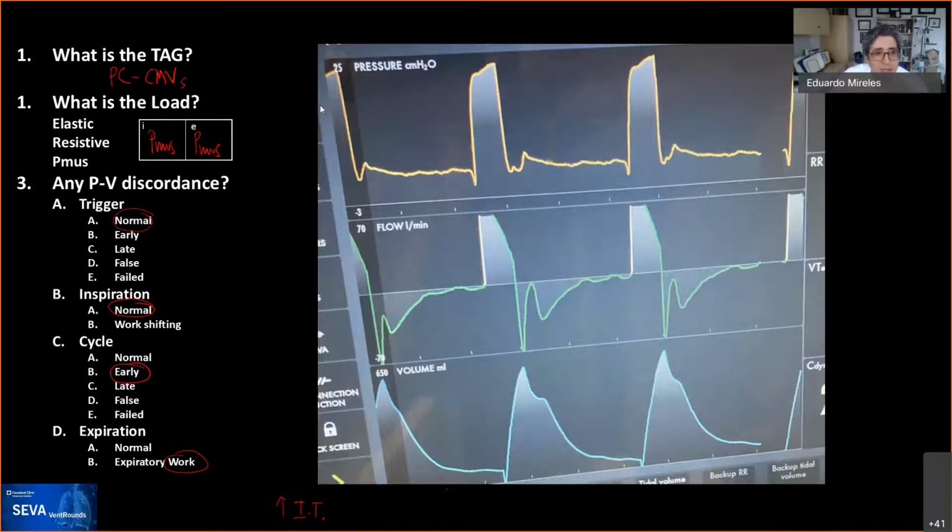So yes, indeed, pressure control. I think that you are absolutely right. Every single one of the breaths that we are looking at is patient triggered. And actually you can see the next one is also with the classic drop on the pressure waveform.